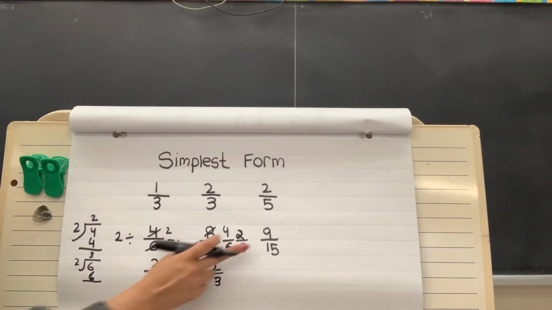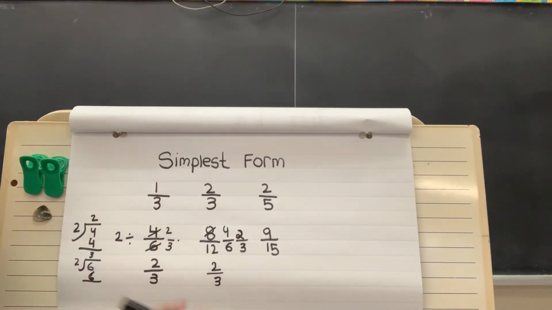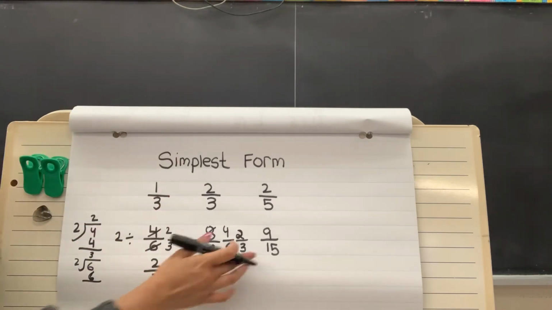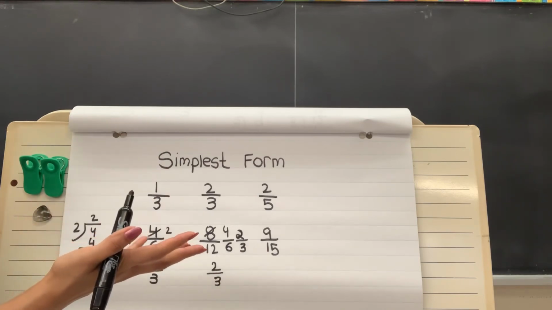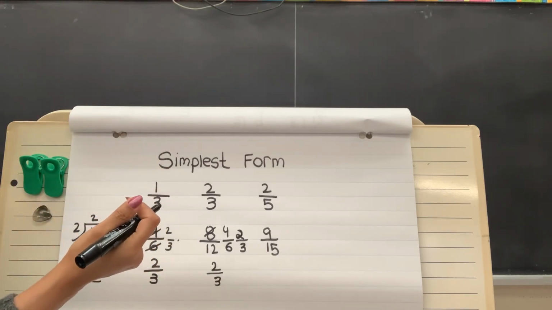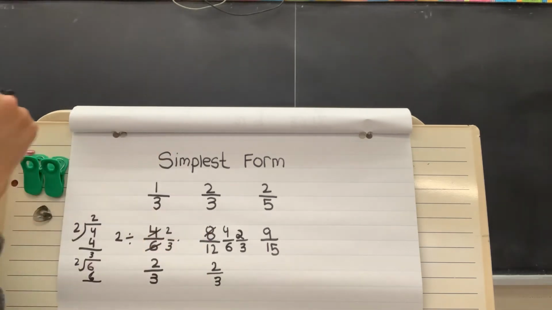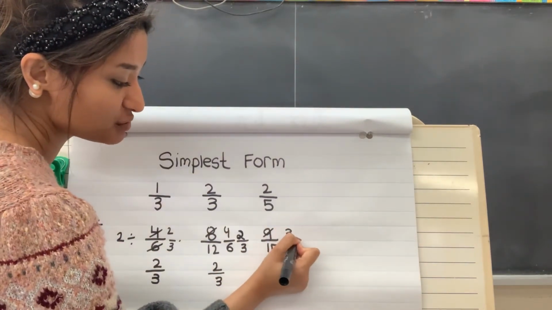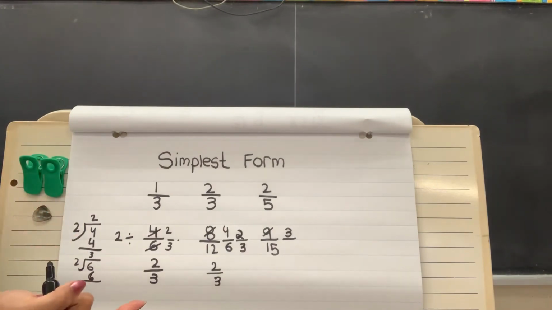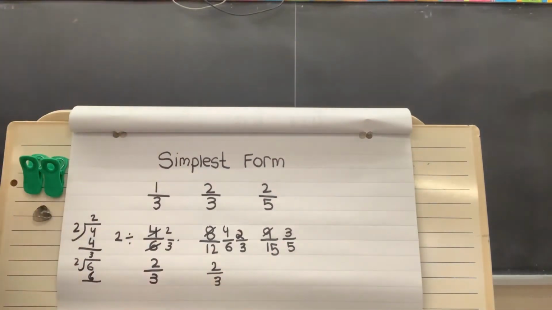Okay, then we have 9 and 15. Let's go to the 2 times table. The 2 times table doesn't have 9. The 2 times table doesn't have 15 either. Let's move to my next times table. It's the 3 times table. So 3 times what gives me 9 and 3 times what gives me 15? 3 times 1 gives me 3, 3 times 2 gives me 6, 3 times 3 gives me 9, 3 times 4 gives me 12, 3 times 5 gives me 15.